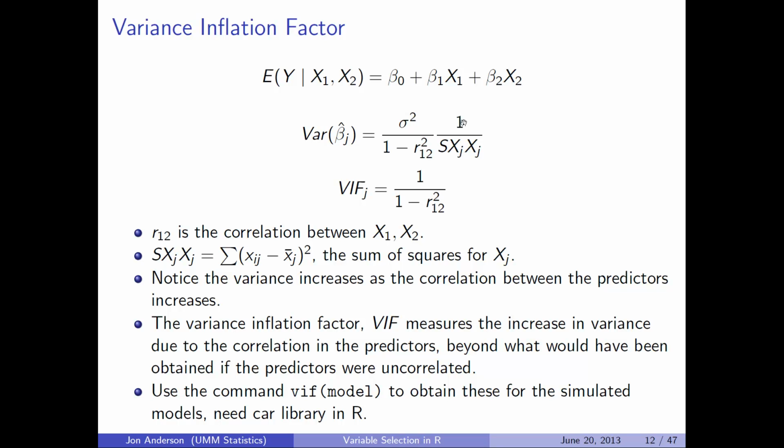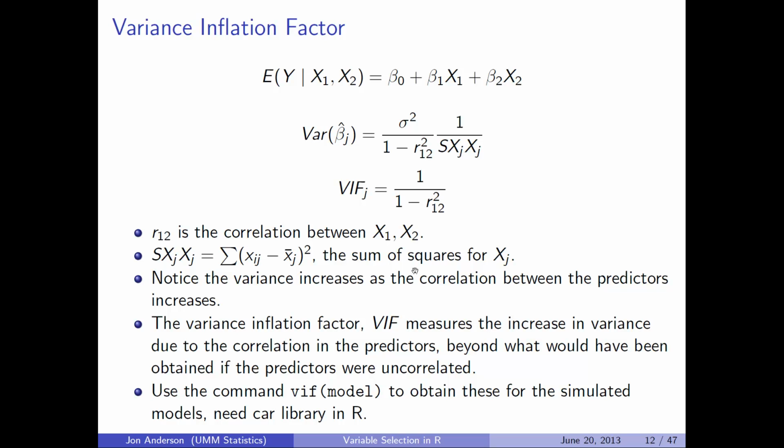It is multiplied by 1 over the variation in the xj variable, predictor xj. After all, that's the beta hat we're studying. And then it's divided by this quantity 1 minus r squared 1,2. And this 1 over 1 minus r squared 1,2 is called the variance inflation factor. And r 1,2 is just the correlation between the two predictors x1 and x2.